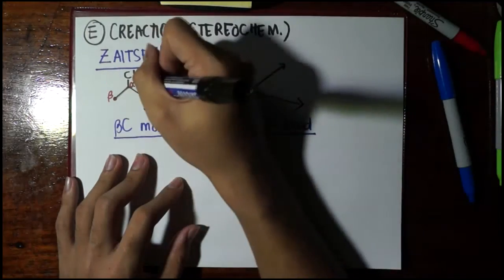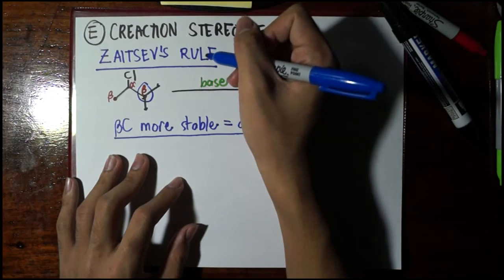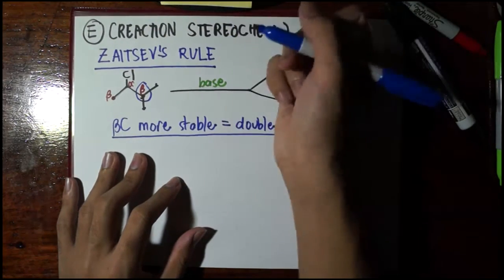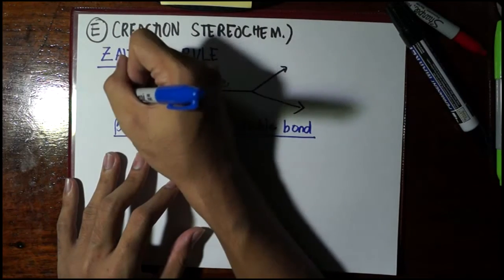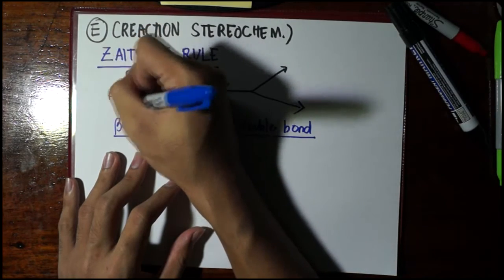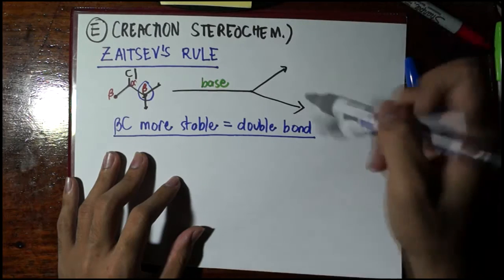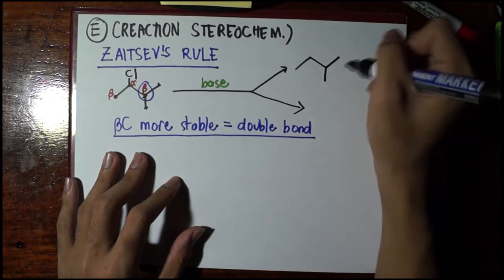So this is the carbon that the base would prefer to snatch a hydrogen from, because the carbon here will be like, okay, take my hydrogen away, I'll be stabilized anyway by these carbons. Unlike here, this one can't afford to lose hydrogens because it will be very unstable if the base does snatch a hydrogen from it. So we have two potential products.